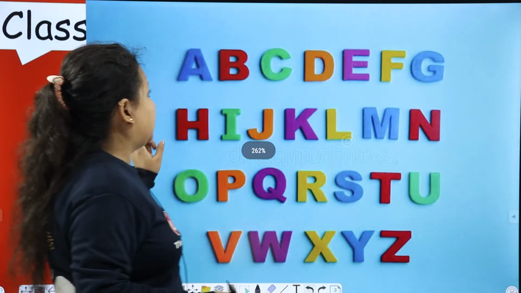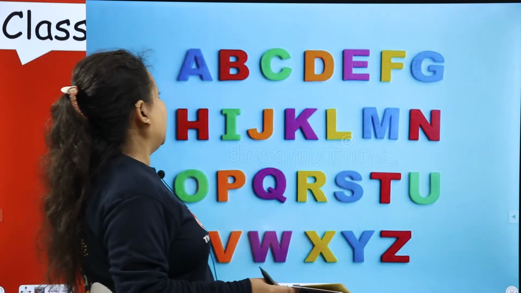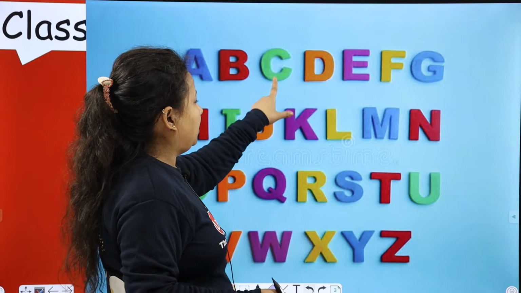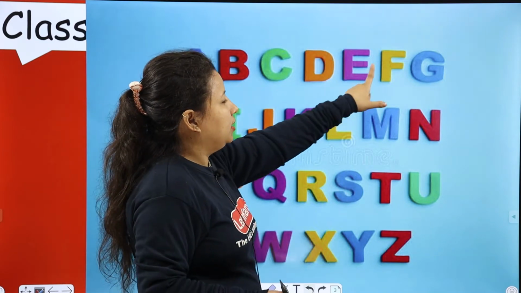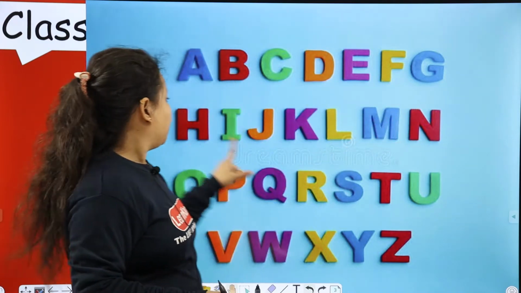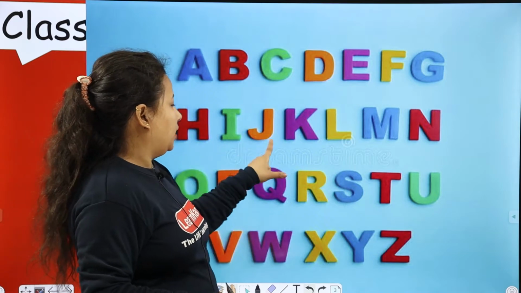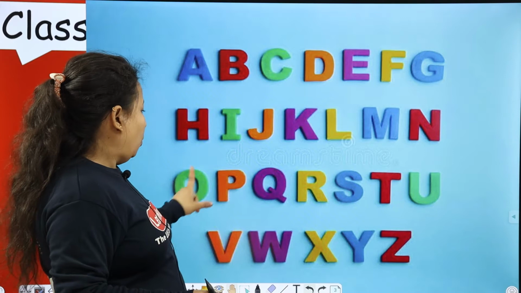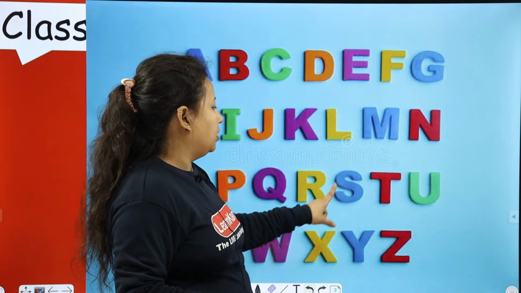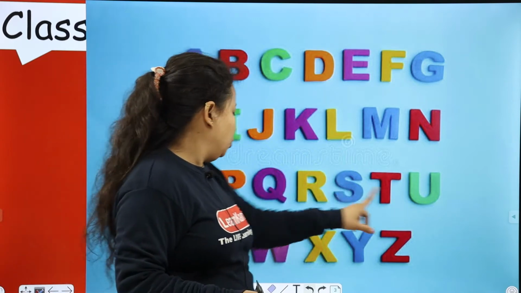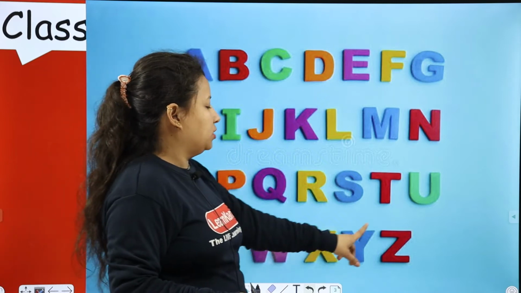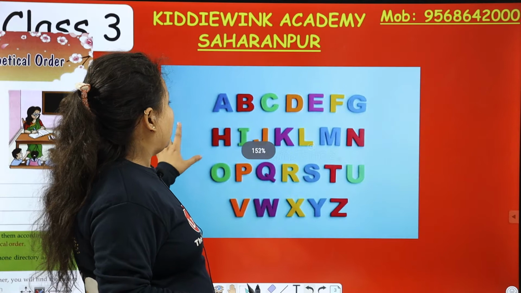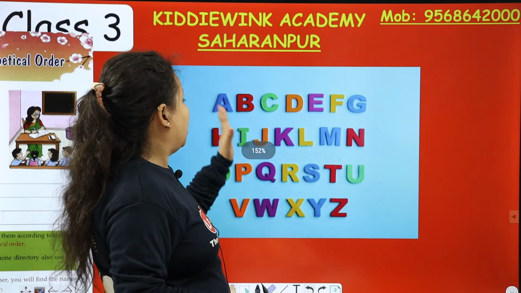There are 26 letters in the English language: A, B, C, D, E, F, G, H, I, J, K, L, M, N, O, P, Q, R, S, T, U, V, W, X, Y and Z.